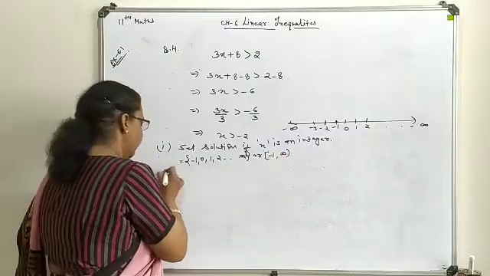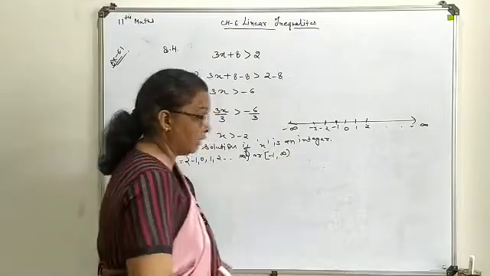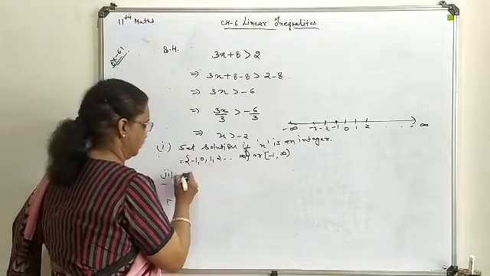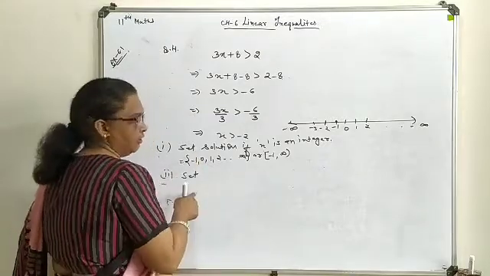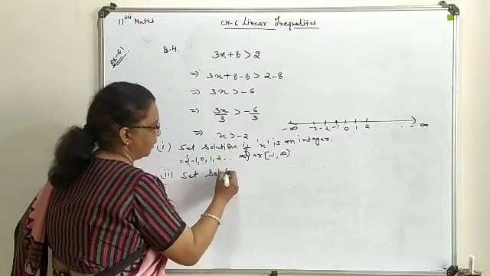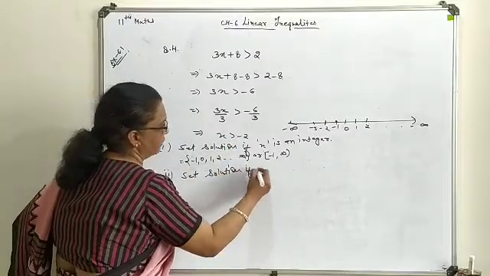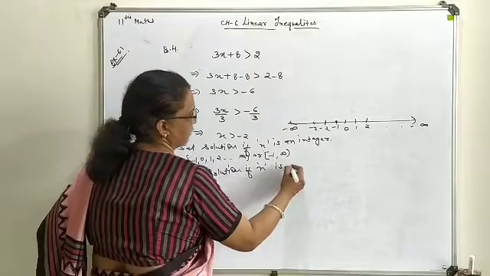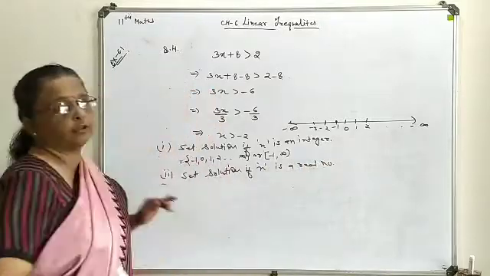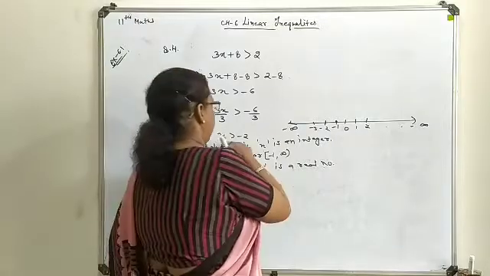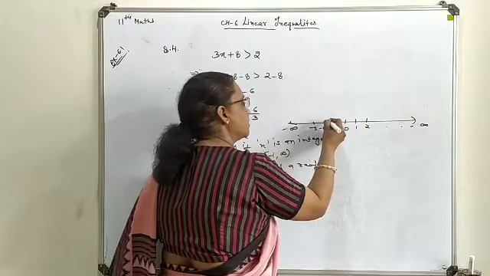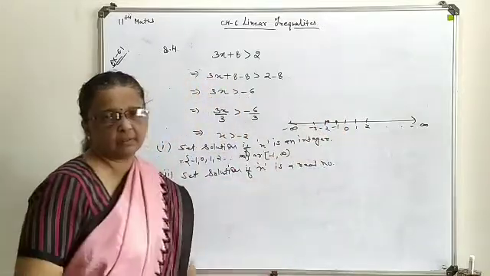Now the second one, we require the set solution when x is a real number. So here only one change you will have, regarding this minus 2. Solution if x is a real number. When you are talking about a real number, greater than minus 2 means just after this minus 2 some decimal numbers will also be there.